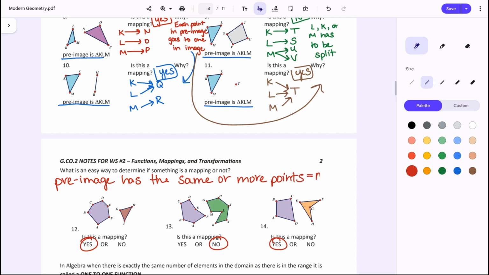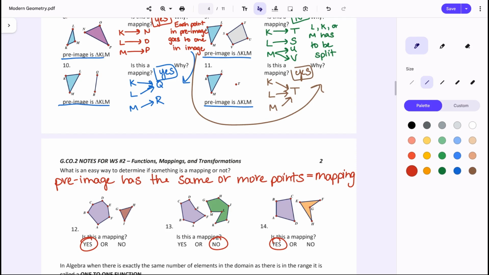That means that it's a mapping. But good, you don't have to write out the letters like we did. I mean, you can, and you can draw all those arrows if you want to, but it's a lot faster if you just count the dots and you can make that connection.